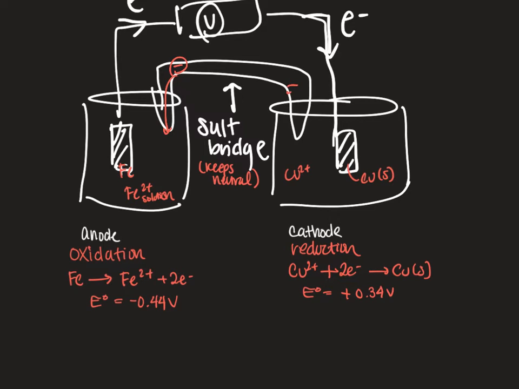And because these positive coppers are being plated onto this electrode, and we're losing positive ions in the solution, we can take positive ions and replace them back into the solution. So the salt bridge helps to complete the reaction and keep everything neutral. That's what it does.